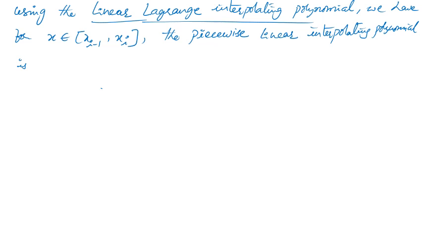What is the idea? In each subinterval, we are approximating the polynomial by using a linear Lagrange polynomial, and take that one as pi1.